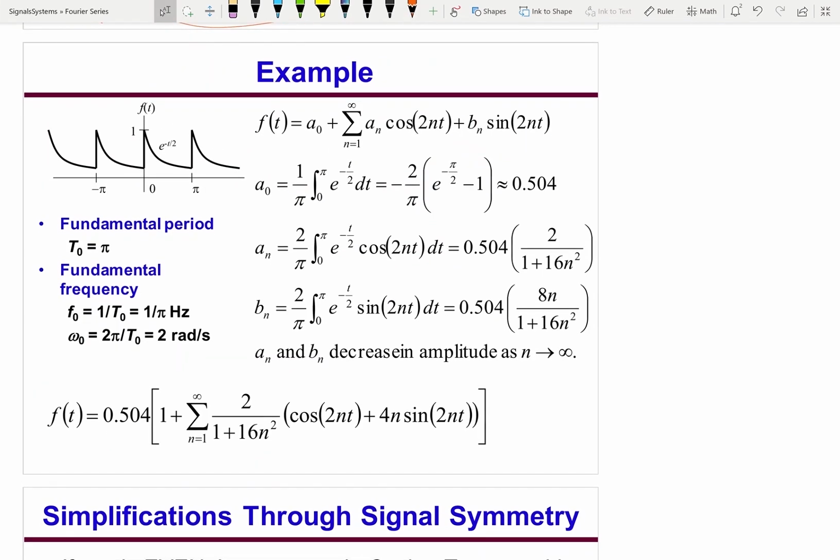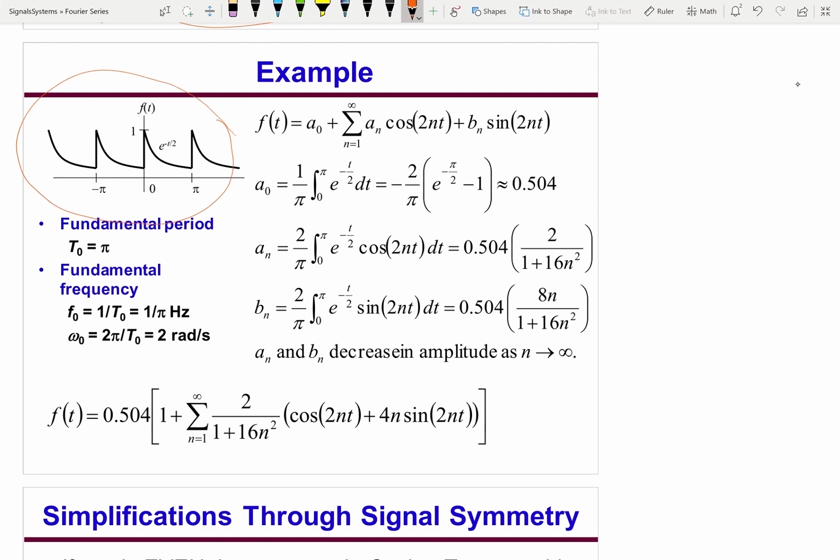So if we look at this example, let's say you have a signal f of t, and definitely it's periodic, and we need to find the Fourier series coefficients, that's a0, an, bn. The first task is to find the fundamental frequency f0. Let's find first the period.